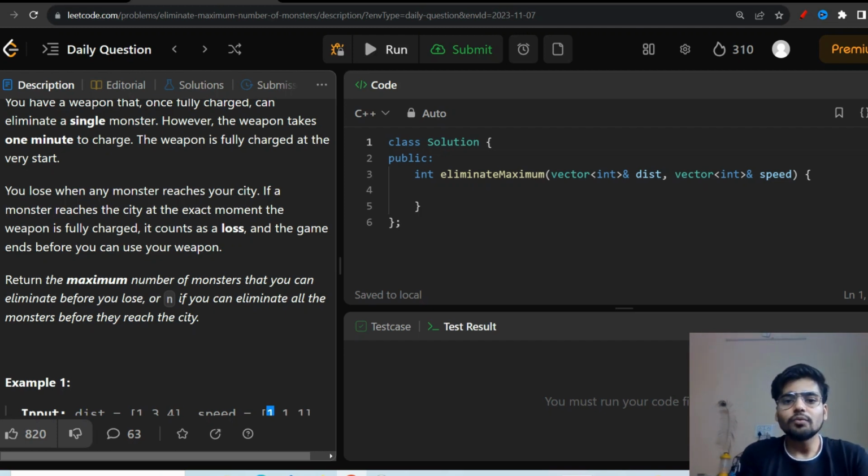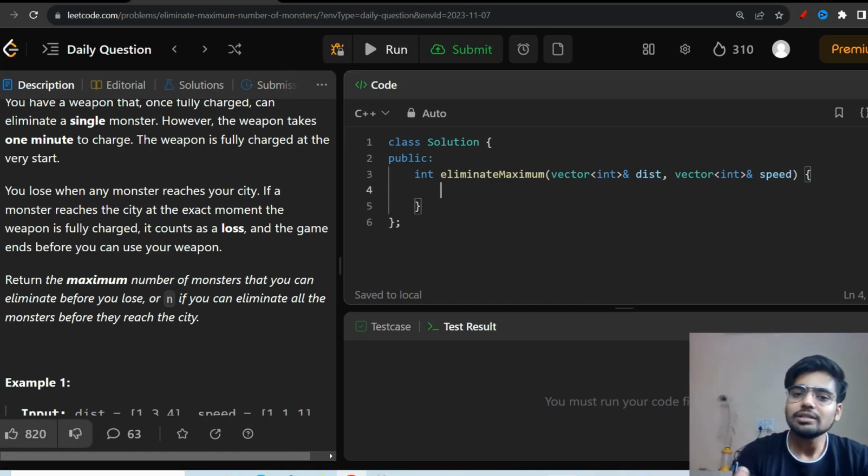So guys, this is our question and we have to find how many maximum number of monsters we can eliminate. So there is a formula which we already learned many times in our school life, like speed is equal to distance upon time. And here distance and speed are given, so we can calculate the time our monster takes to reach the city. And as we calculate the time to reach the city, then we can compare it one by one and we will know the answer.